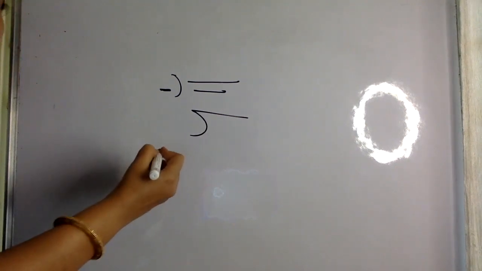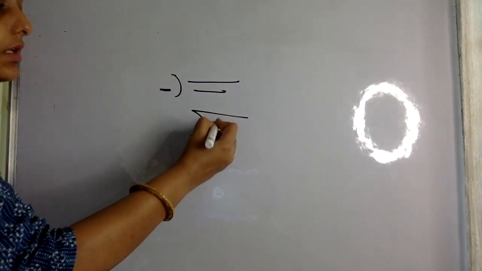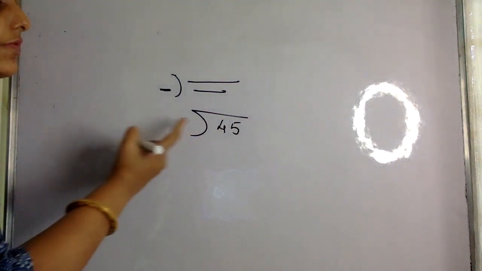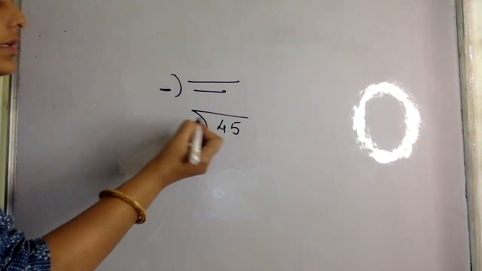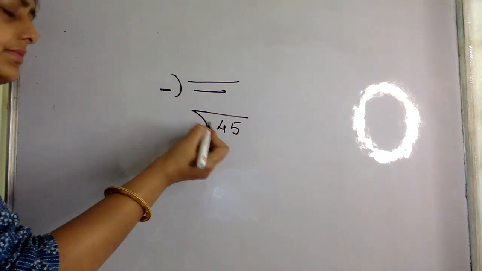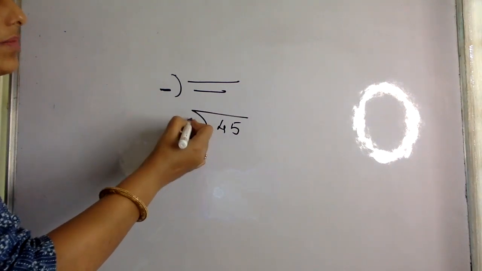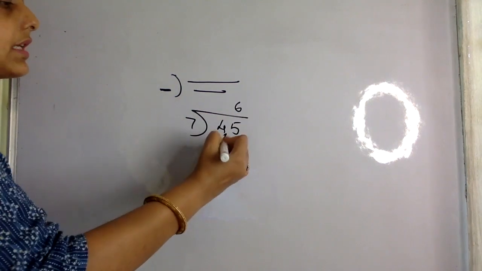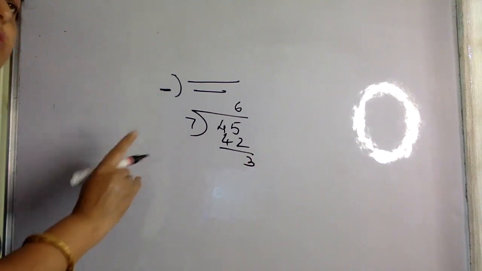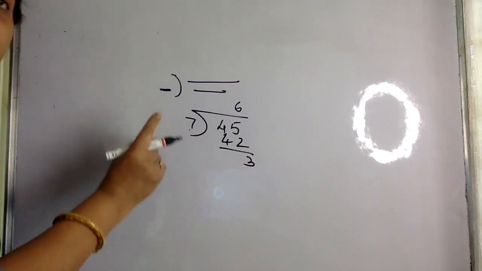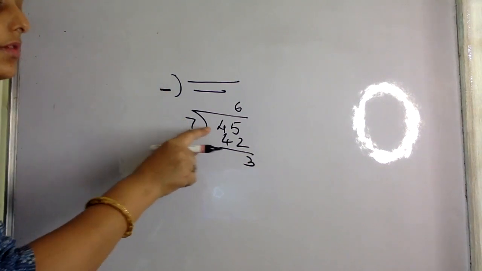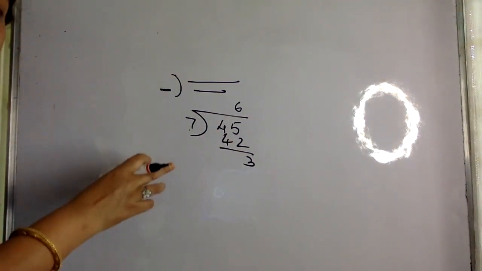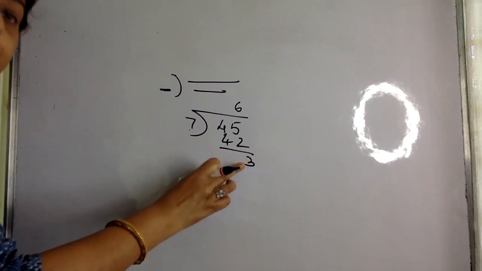Suppose I have the number 45, and I am dividing it by 7, and there is a remainder of 3. So 7 is clearly not a factor of 45, because it has a remainder.